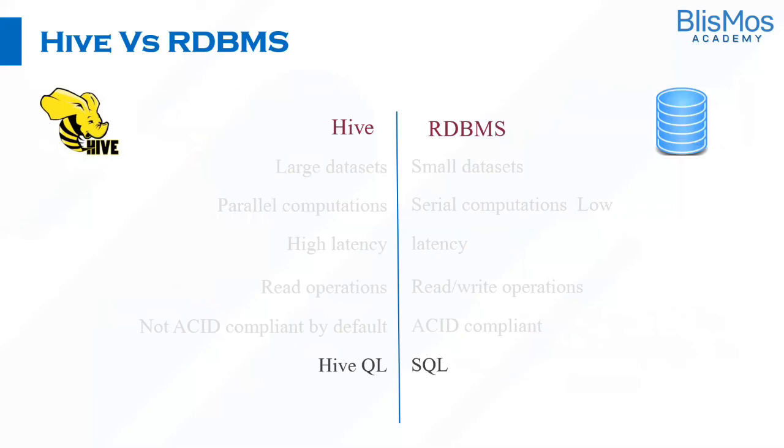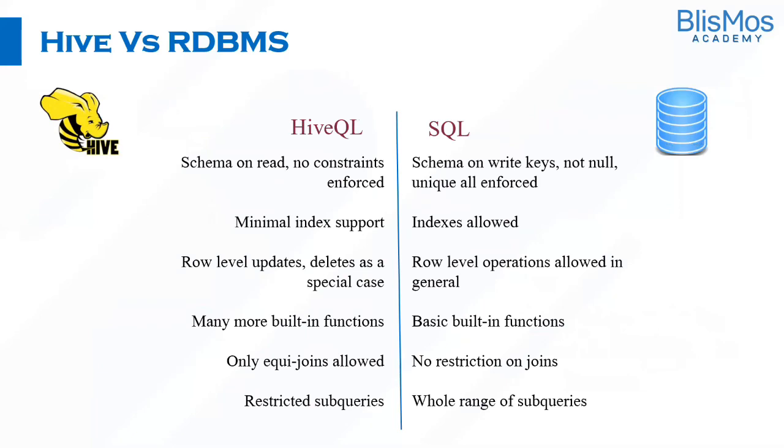In the end, we'll understand how HiveQL differs from SQL. HiveQL supports schema on read. There are no constraints here. But in SQL it is schema on write, and keys, not null, and unique are all enforced. There is minimal index support in HiveQL, but on the other hand, SQL allows indexing.